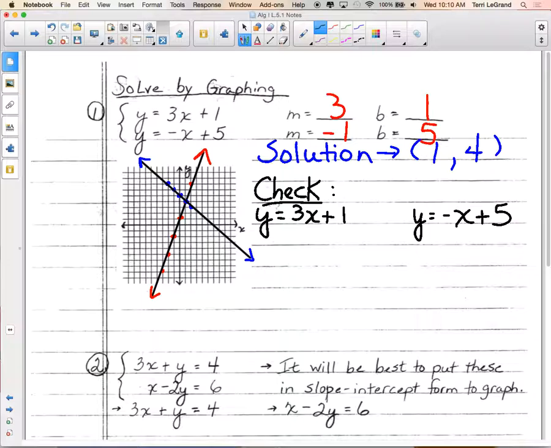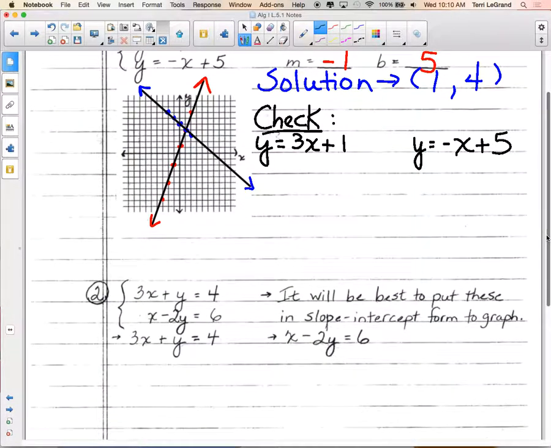Well, we didn't alter their names, so of course we have the original names. So 4 is going in for y, and 1's going in for x in both of them.